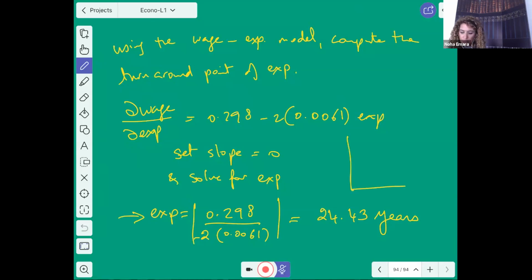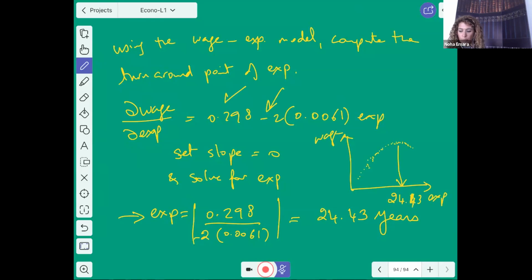So this is wage, this is experience, and the relationship is positive at a decreasing rate. So it's positive, yes, but this positive is decreasing, reaching a maximum, then decreasing, right? I'm interested in the cutoff point, which is at 24.43.